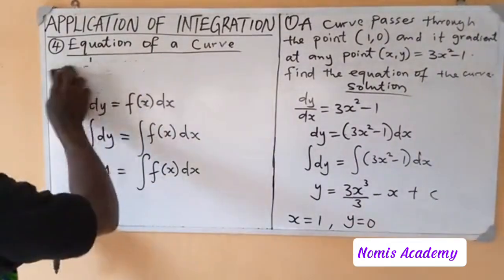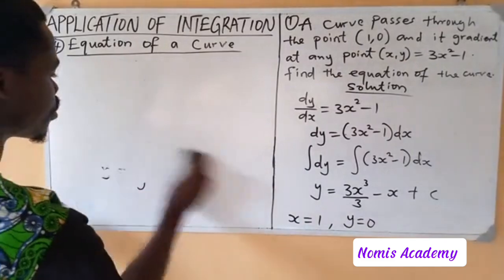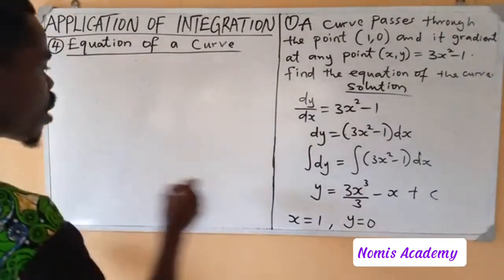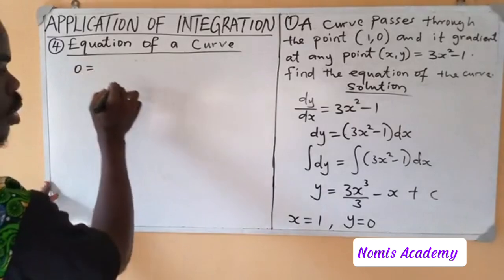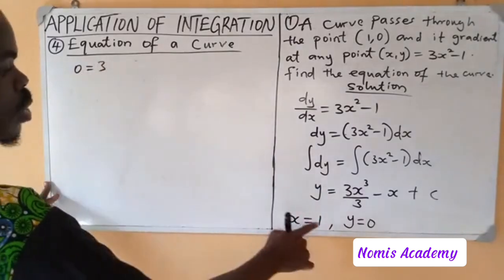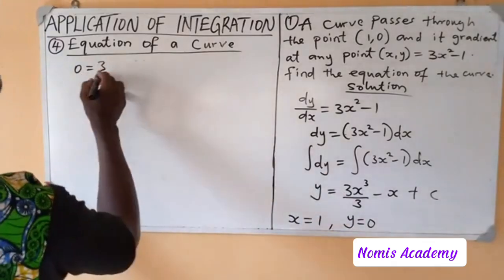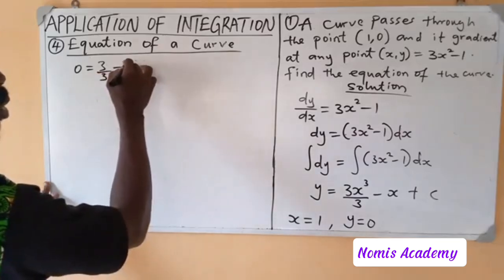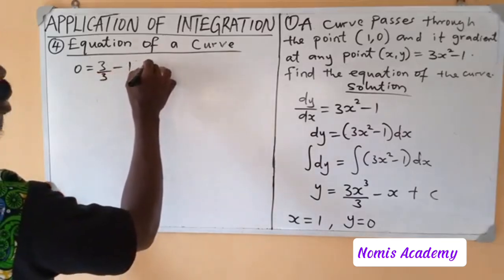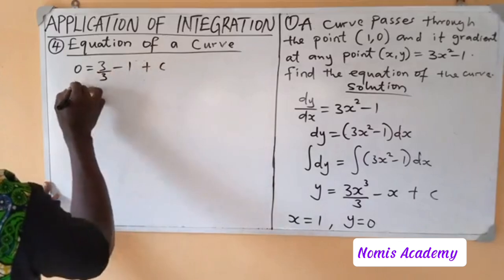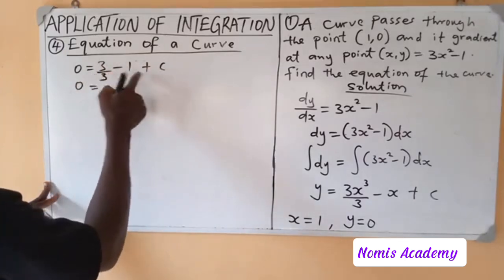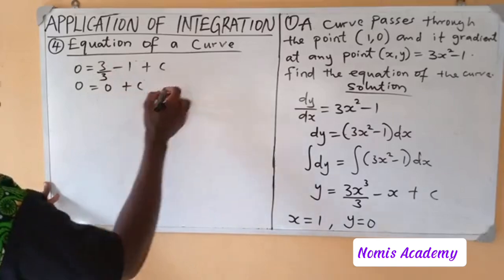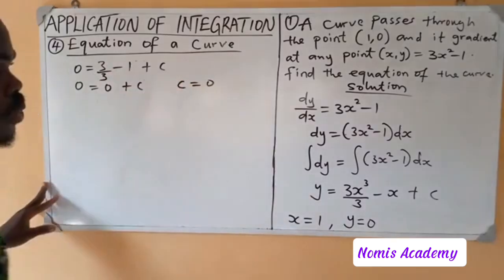Let's go to the other side of the board. 0 equals 3 times 1 over 3, minus 1, plus c. So 0 equals 1 minus 1, which is 0, plus c. So you can see that c is equal to 0.